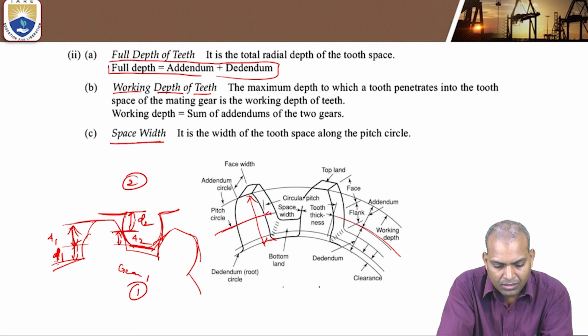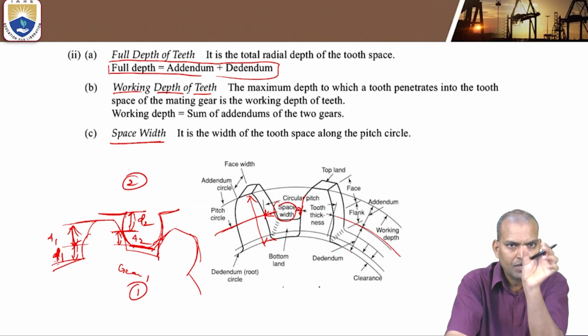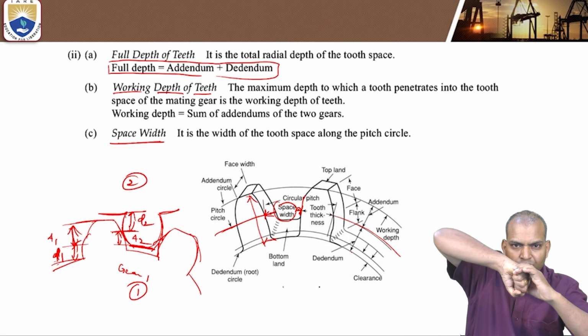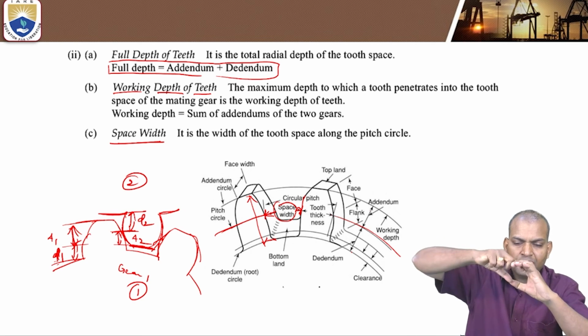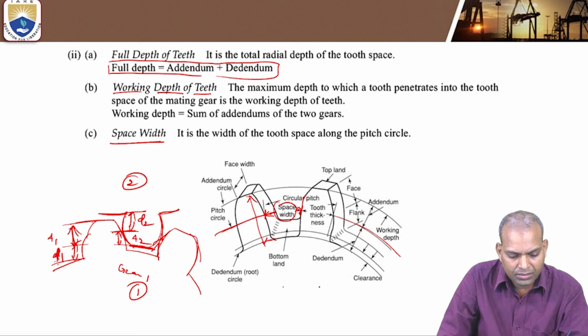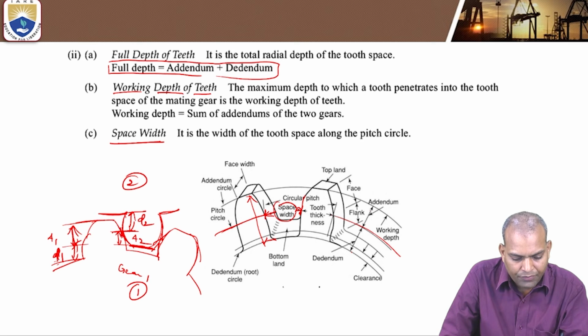Here, this is the space width. In that space width, another gear comes and fits. This width is known as the space width of the gear. So here, this is the portion of space width.